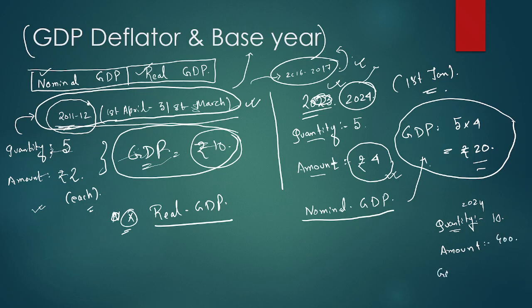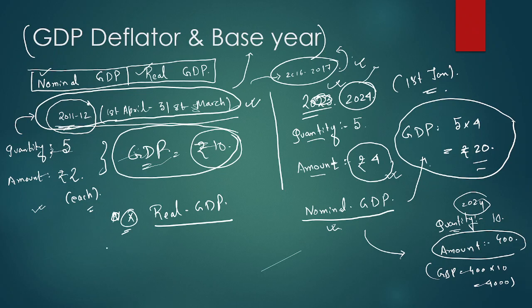So what is the GDP? 400 into 10, it is 4000. Okay, so tell me guys, is it nominal GDP or real GDP? The amount is of 2024, so this is the nominal GDP.